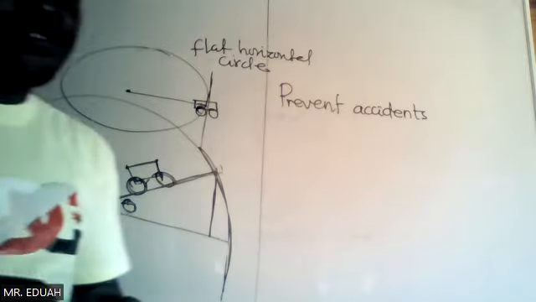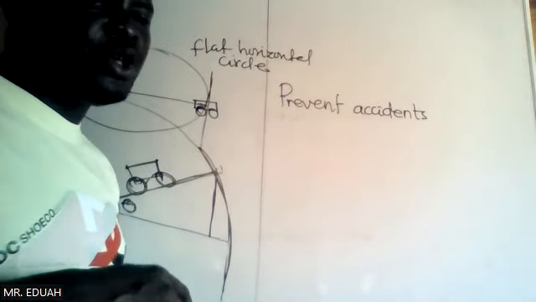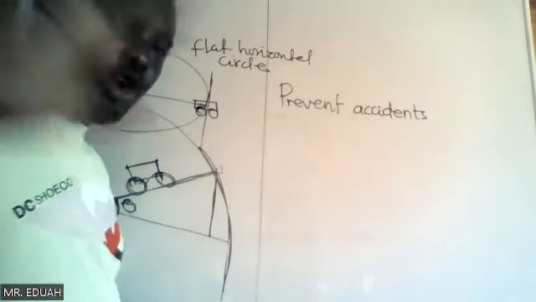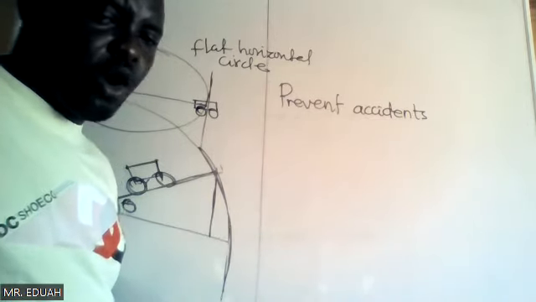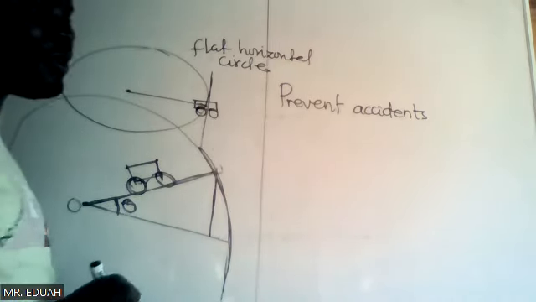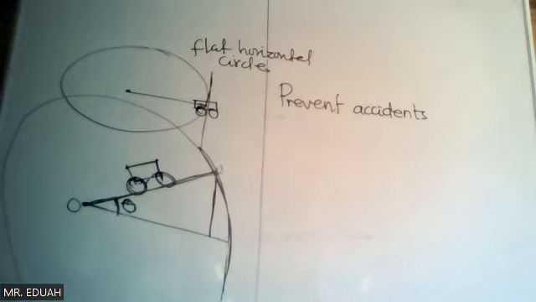When you depend on friction, if you go beyond a certain threshold of speed, you can easily skid off from the road and then cause accident. So when the road is banked, it prevents accidents.